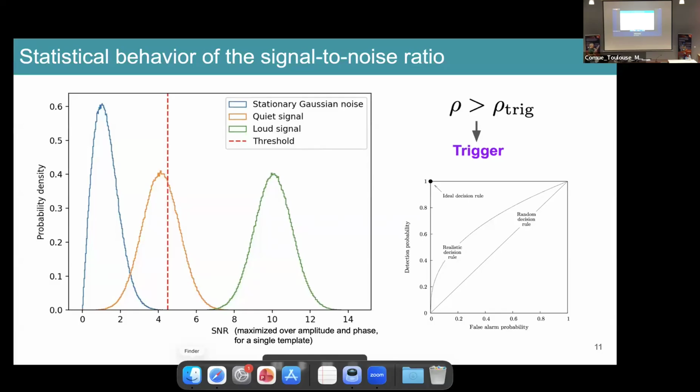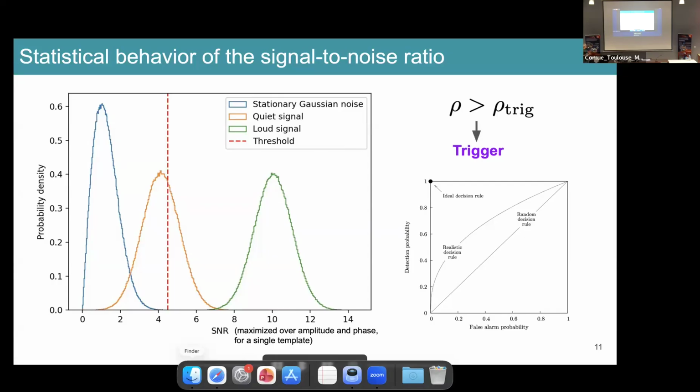And remember, this is an optimal method in some sense. So if you have a quiet signal, it will just be hopeless. So there is actually a horizon determined by the detector noise beyond which it will be impossible to detect CBC signals. For signals which are closer, they will make this distribution move away and away.